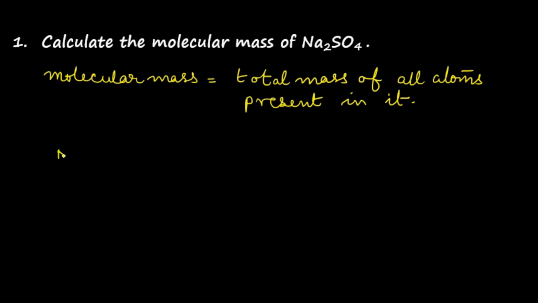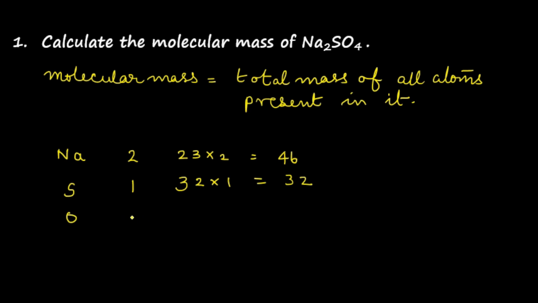Atoms present: sodium, number of sodium atoms is 2, mass of one sodium atom is 23, so 23 into 2 gives the total mass of sodium, that is equal to 46 u. It contains sulfur, only one atom, atomic mass is 32 into 1 equal to 32.